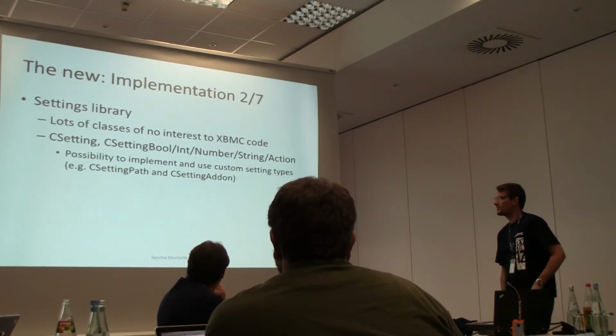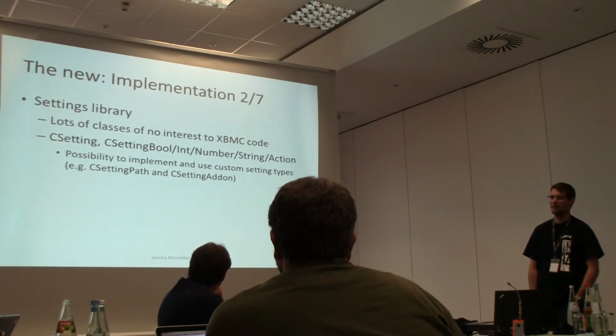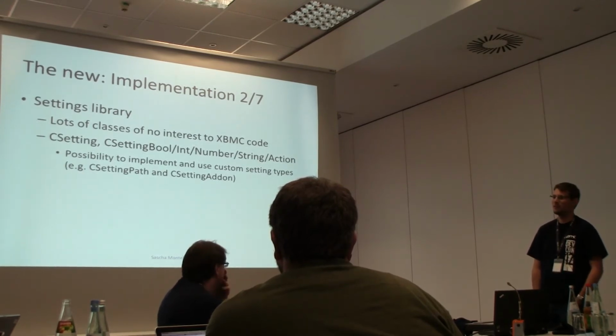You can implement custom setting types simply by deriving from CSetting, and then you register it with the setting system, and you can use it like a predefined setting type. In our case, this is CSettingPath and CSettingAddon.